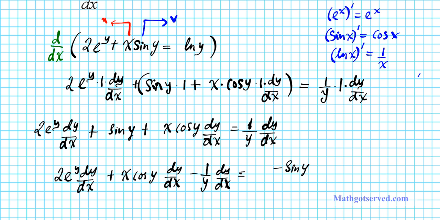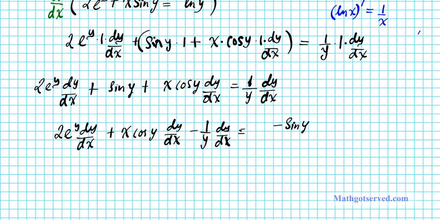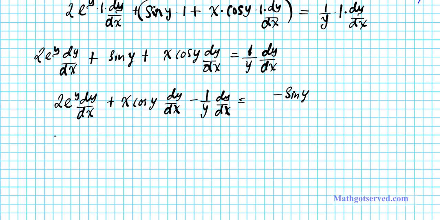Alright, so what we're going to do now is factor out dy/dx from all three terms, so that yields dy/dx times 2e^y plus x cos y minus 1 over y.